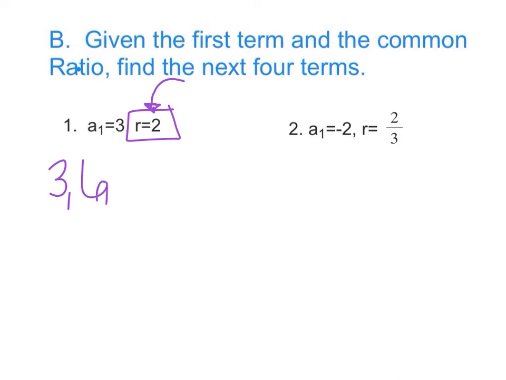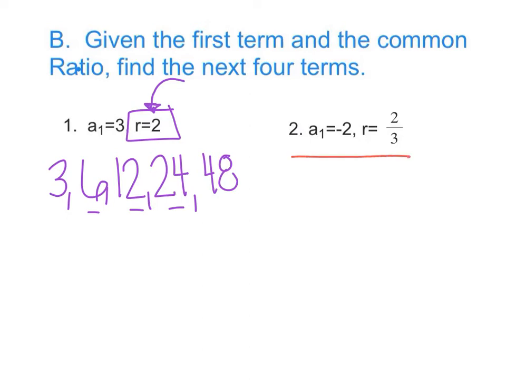So I would get 6, multiply that by 2 is 12, 24. We need 4 terms, that's 1, 2, 3, and 48. And that's simple, if I know the first term and the ratio. I'm going to give you a second to try number 2. So we know the first term is -2, and you're going to multiply by 2/3. So pause it, give it a try, and then we'll compare.